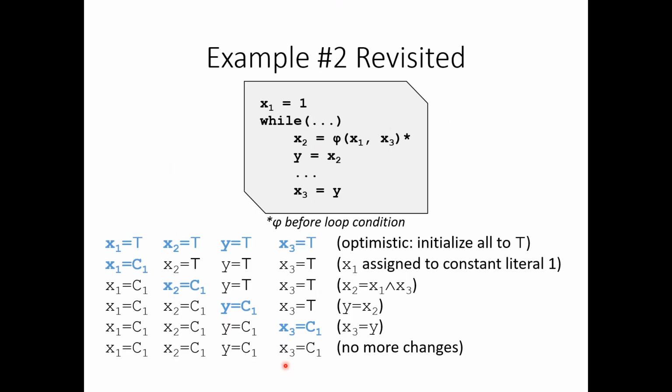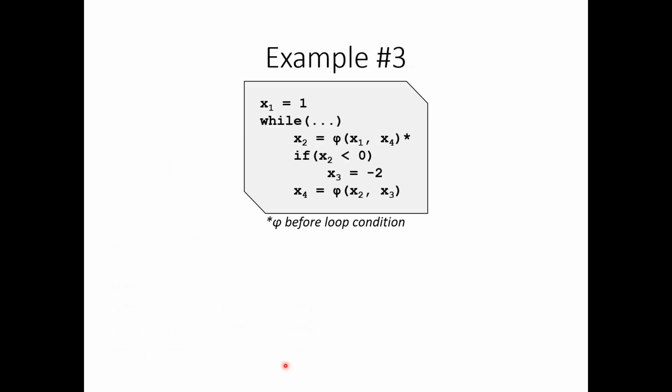Okay, let's do another example. Let's say we have this example right here. Here I have x1 equals 1, x2 equals phi of x1, x4. If x2 is less than 0, x3 equals minus 2. And then we have x4 equals phi of x2 and x3. So in this code, let's just look at it intuitively. x1 is 1.